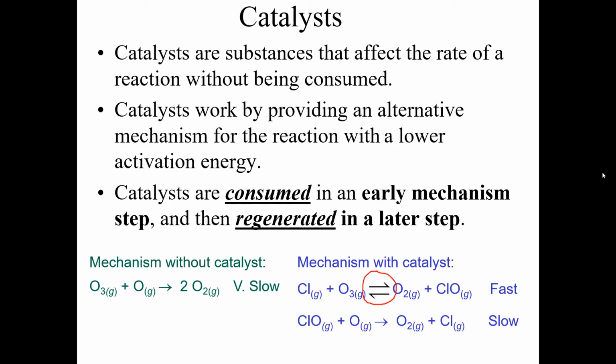They work by providing an alternative mechanism for the reaction in a way that has a lower activation energy. The way we identify a catalyst in a reaction mechanism is the following. Catalysts are consumed in an early mechanism step and then regenerated in a later step.